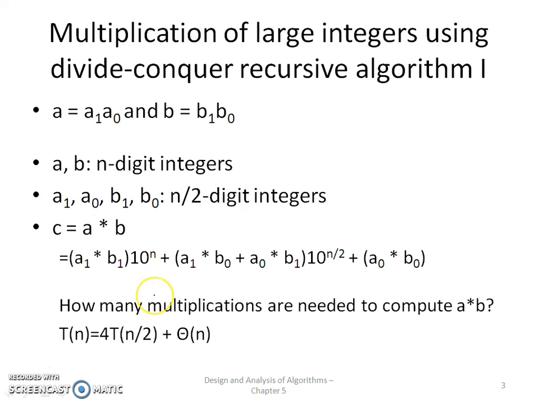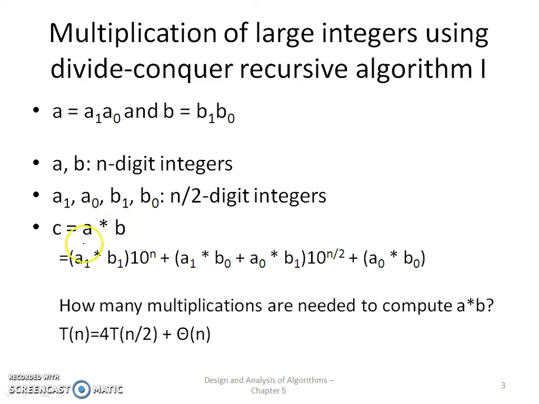Same thing can be written more formally in this way. We are saying there are two numbers a and b, represented as a1 a0 and b1 b0, where a1, a0, b1, b0 are n by 2 digit numbers and a and b are n digit numbers.